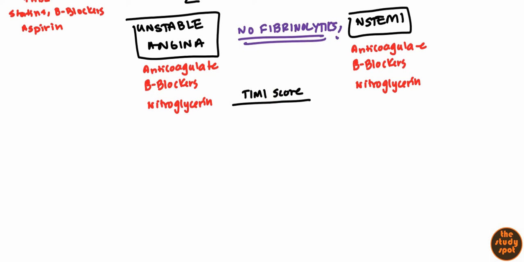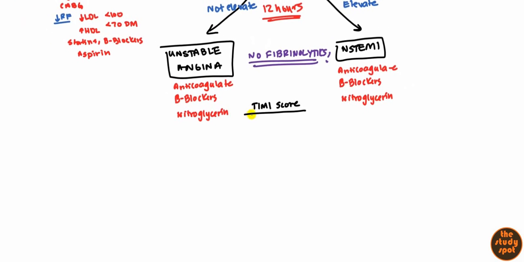What this score does is help you determine whether you're dealing with a very severe type of ischemia or not. It's made up of 6 factors.